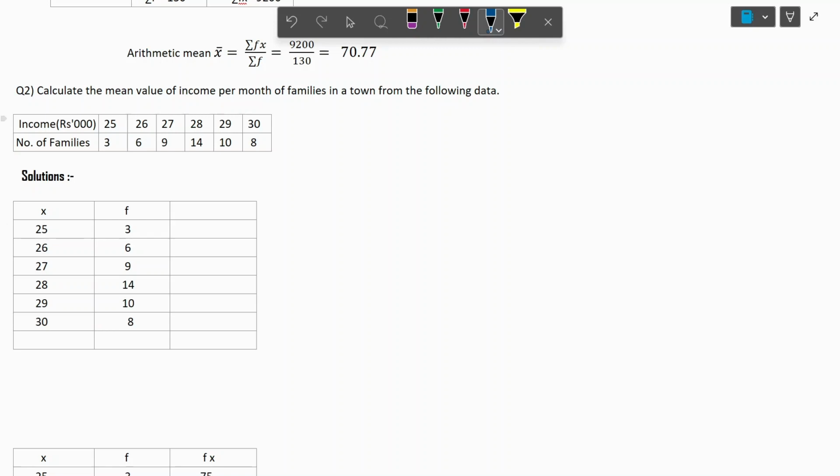That means 25,000, 26,000 like this way. And number of families 3, 6, 9, 14, 10 and 8. Now here it is very clear for us, what is this? This first column is your X and second column, number of families, that means F. That means it represents which data? Discrete data.